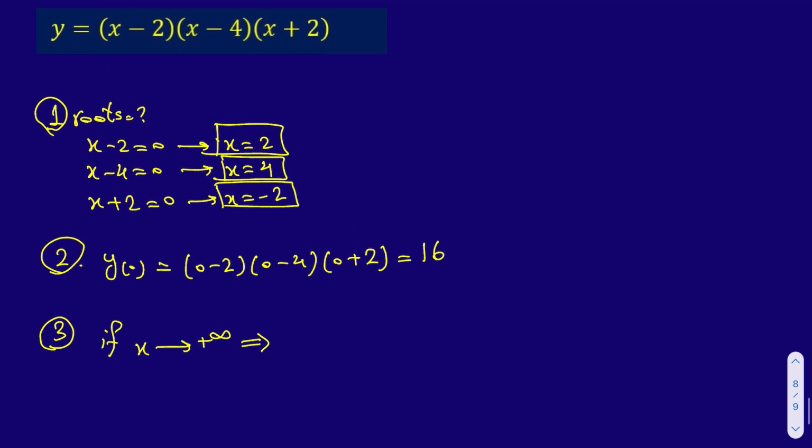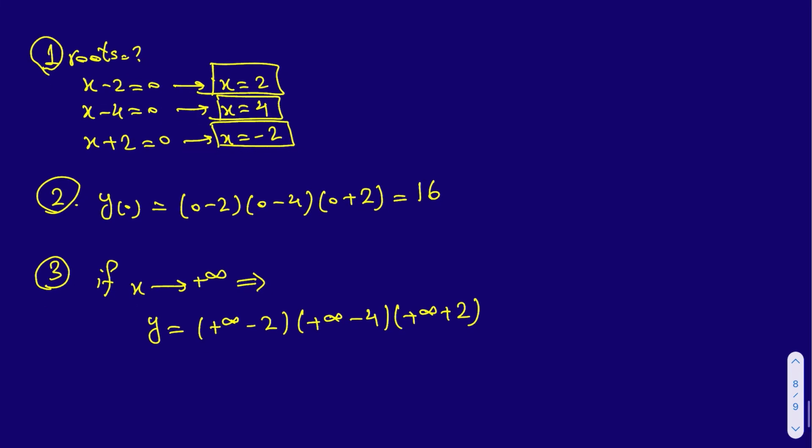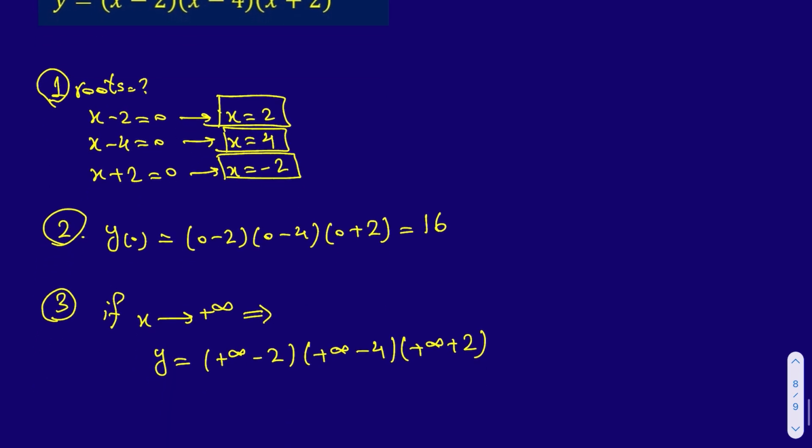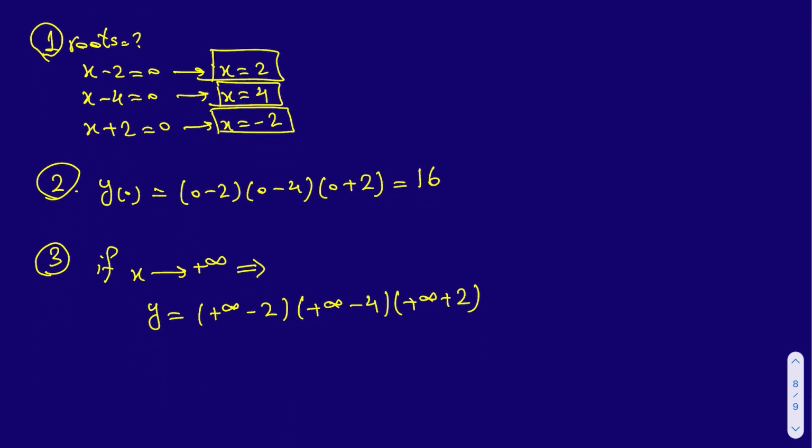So then we need the original or the factorized polynomial form, and then we will say, let me write here, y will be equal to positive infinity minus 2 times positive infinity minus 4 times positive infinity plus 2. What I have done is I just replaced x in the equation by positive infinity.